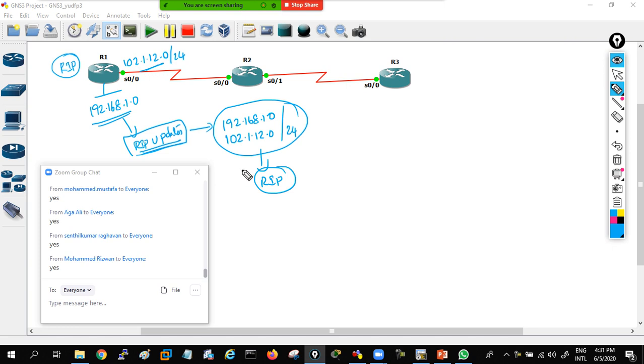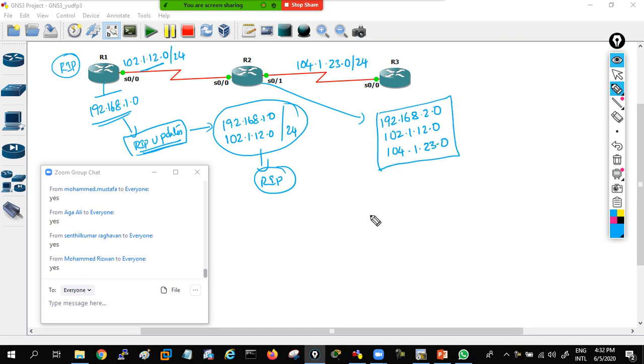So far so good. Then you went to router 2, and in router 2 you again advertise these networks: 192.168.2.0, 102.1.12.0, and, to avoid confusion, 104.1.23.0.